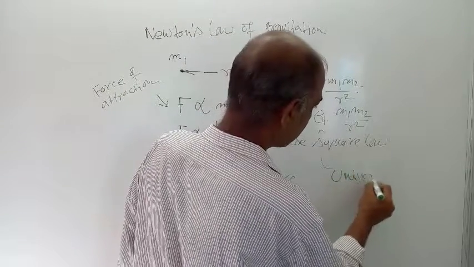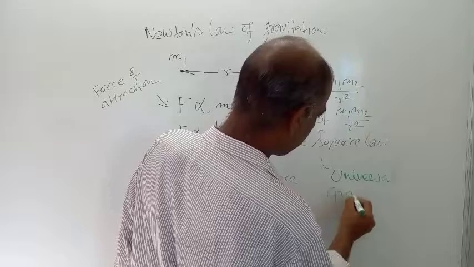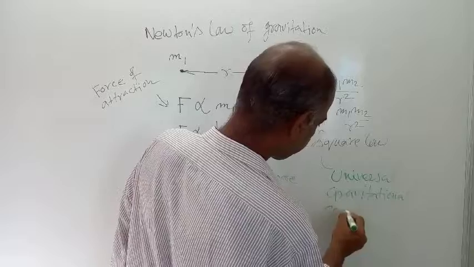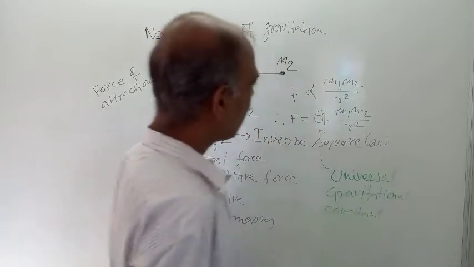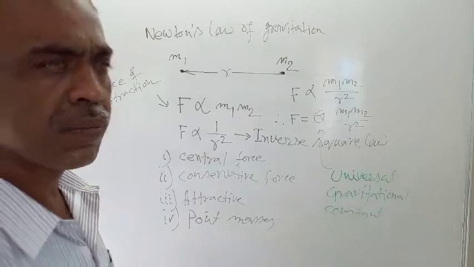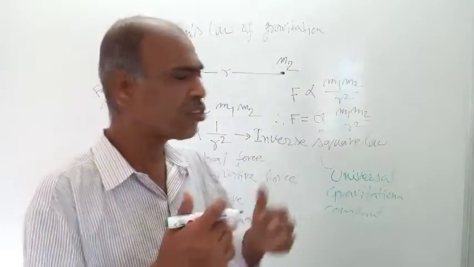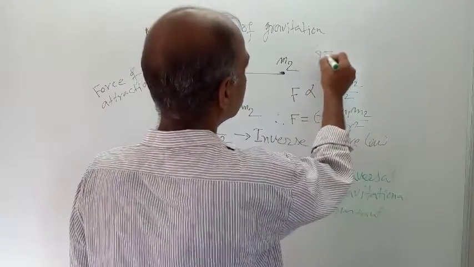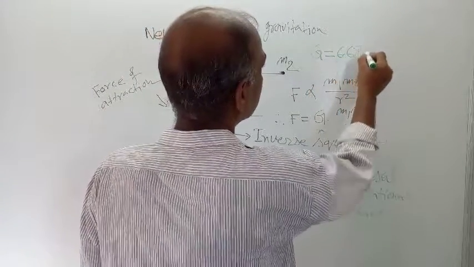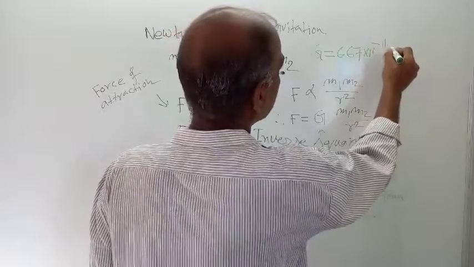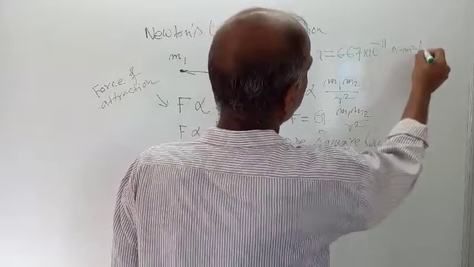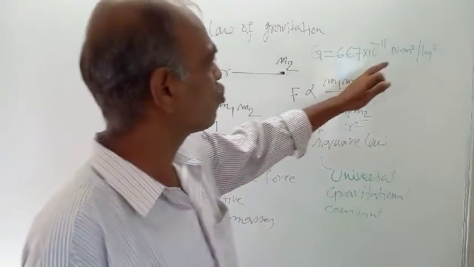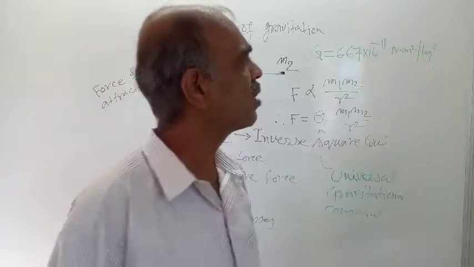And the value of G, Lord Cavendish, by experimentation, he got the value of G, which is equal to 6.67 into 10 to the power minus 11 Newton meter square per kg square.